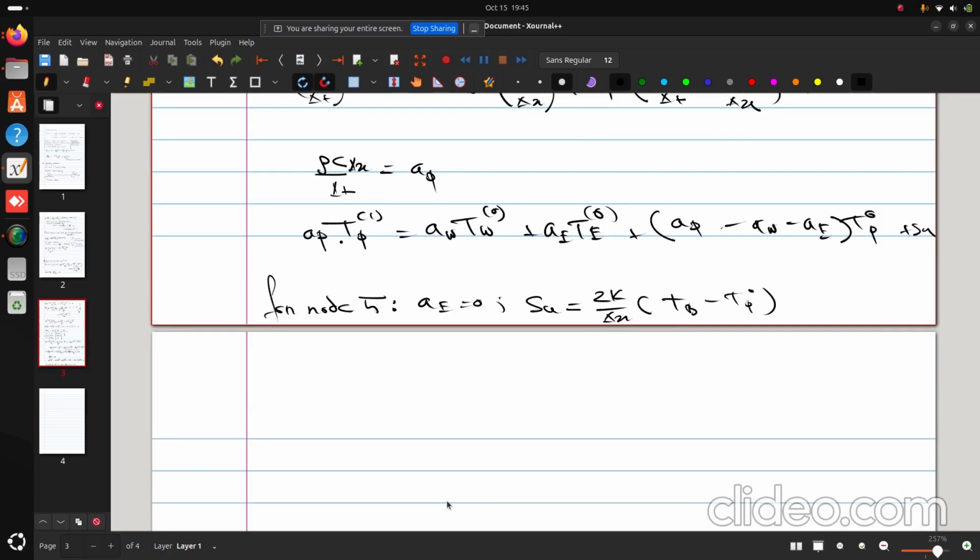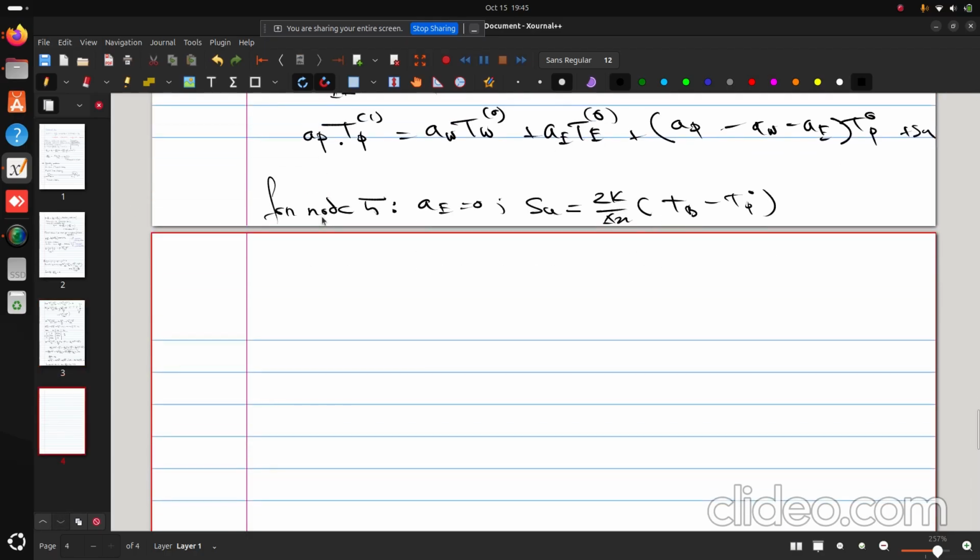Now, for a solution to be bounded, we saw that all the coefficients should be of a positive value, right? But here we see that we have a value of AP minus AW minus A east, which might go to 0. So we give a condition that it should be greater than 0. We reached this conclusion both ways.